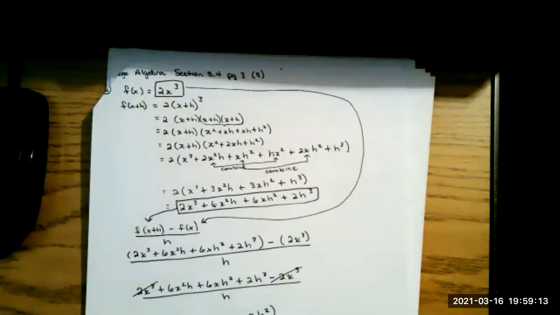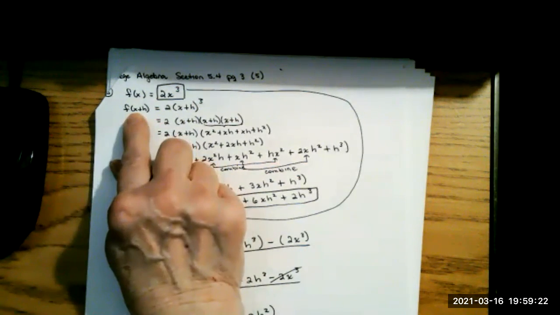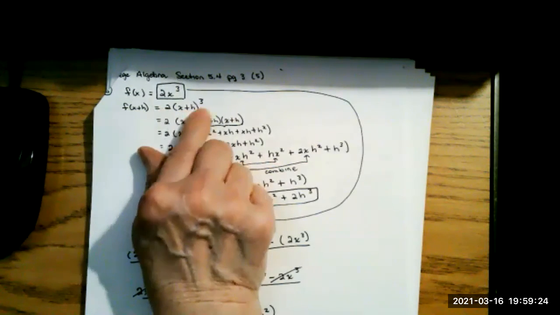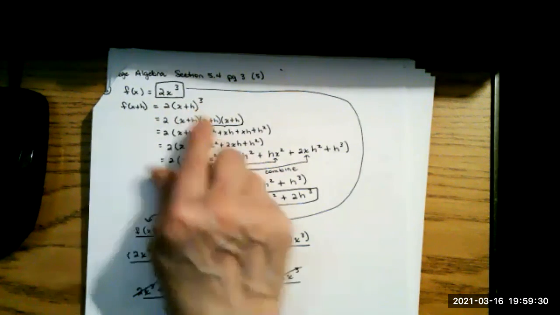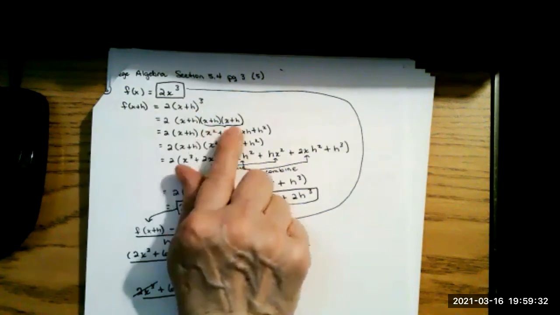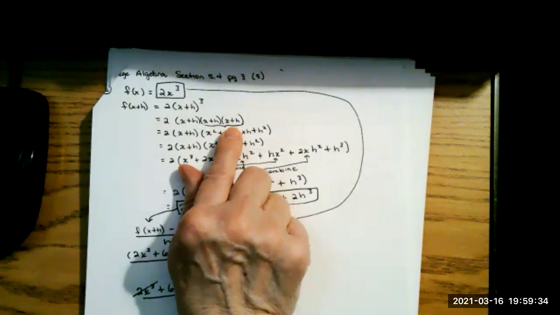Number 5 is a cubic. So your f of x is 2x cubed. And when you put your x plus h in there, it's x plus h cubed, which means instead of multiplying it by itself twice, you have to multiply by itself 3 times.